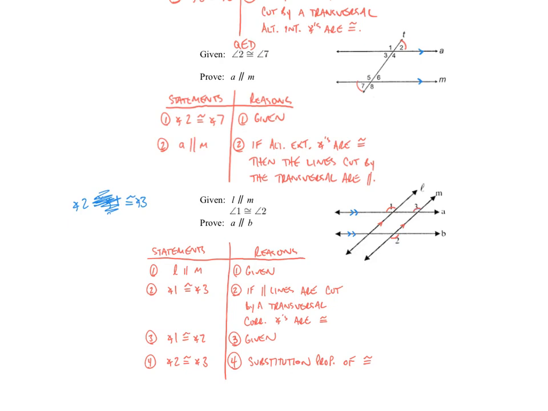So I'm going to make the conclusion now that line A has to be parallel to line B. And my reason is going to look just like this reason. So again, if alternate exterior angles are congruent, then lines cut by the transversal are parallel.